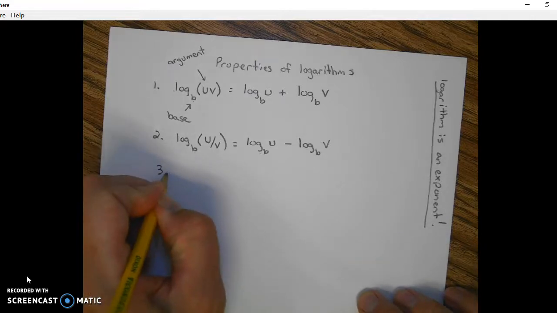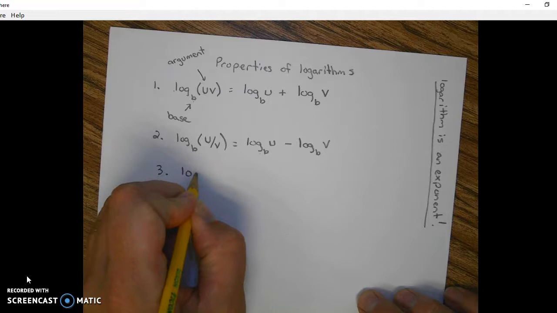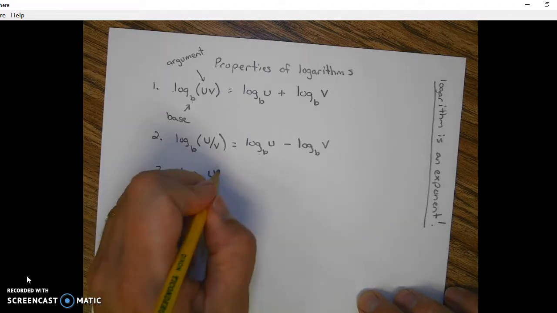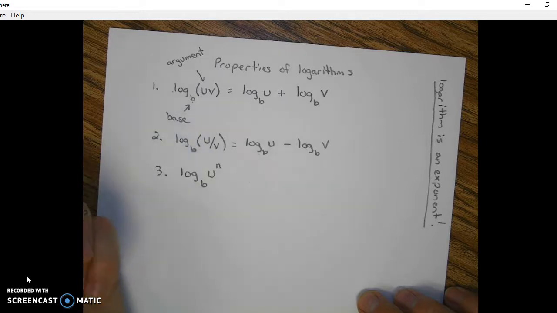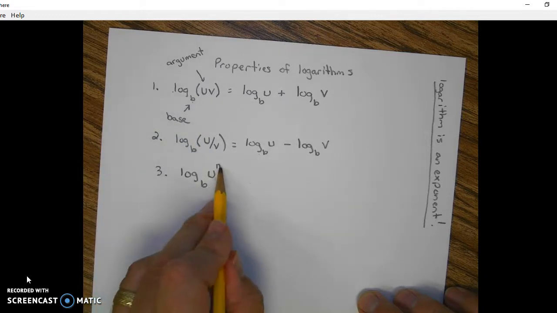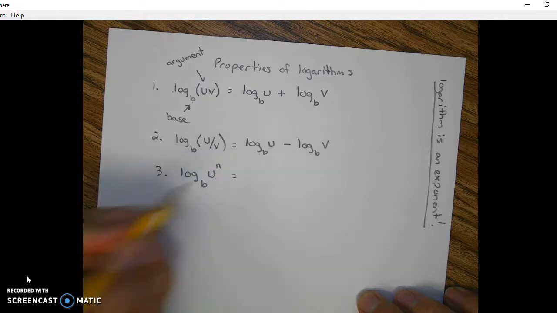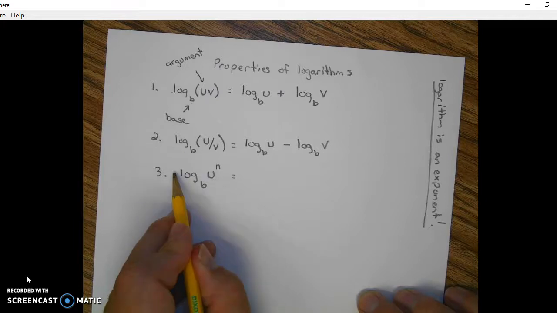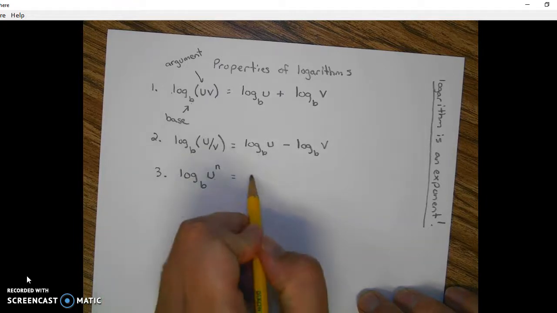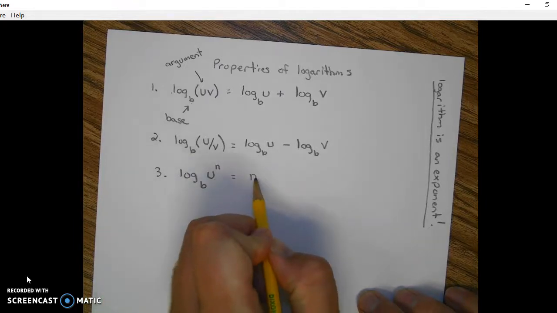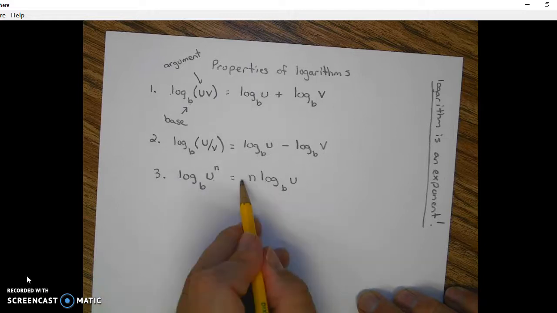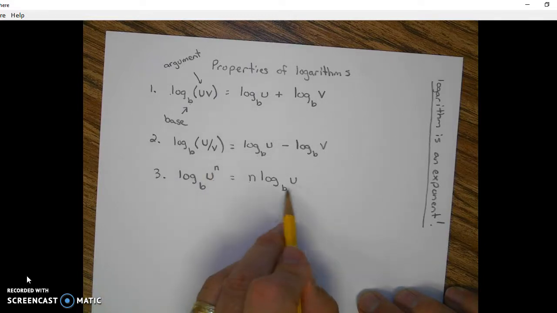And the third property is when you have a logarithm and the argument is raised to an exponent. This property allows you to take that exponent and bring it down in front as multiplication. So we would bring the n down in front of the logarithm and have multiplication: n times log base b of u.